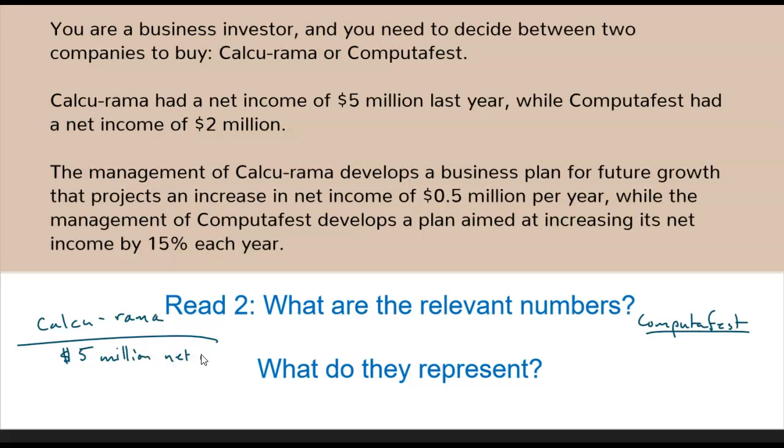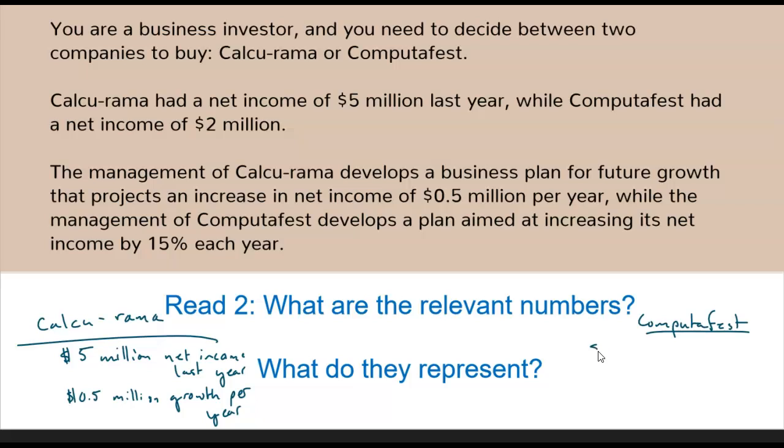This was net income last year. And then Calcu-rama also has a business plan that says we're going to grow $0.5 million per year. So $0.5 million growth per year.